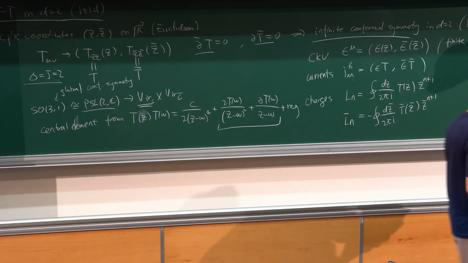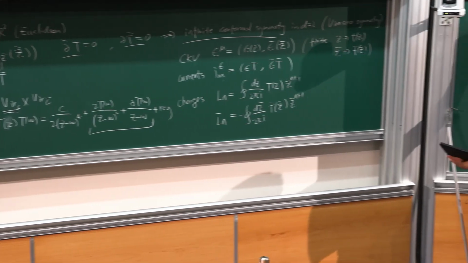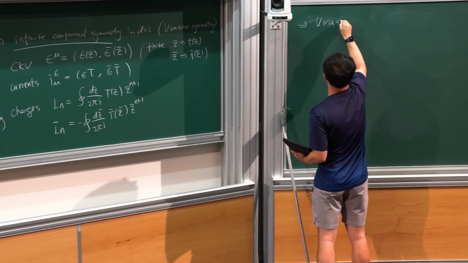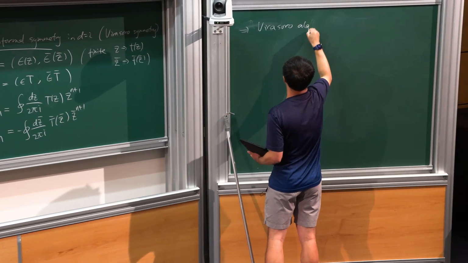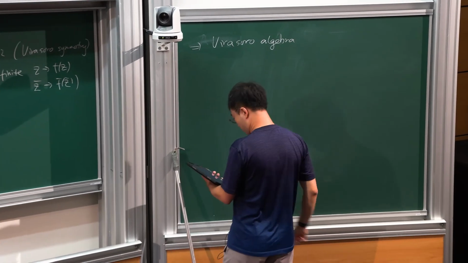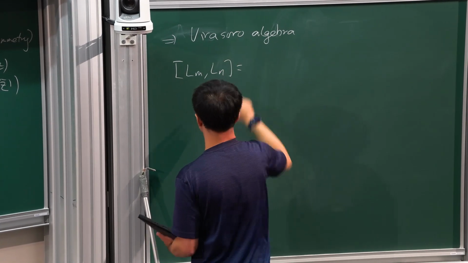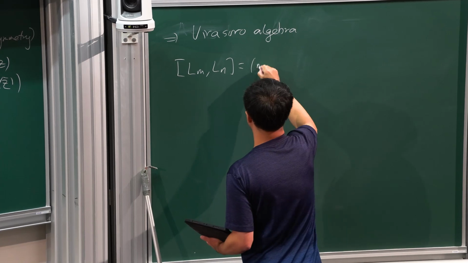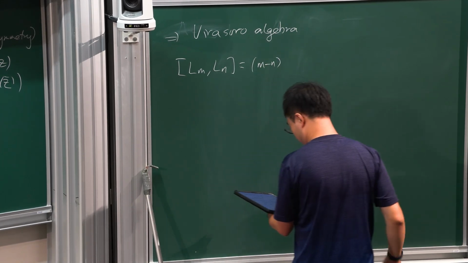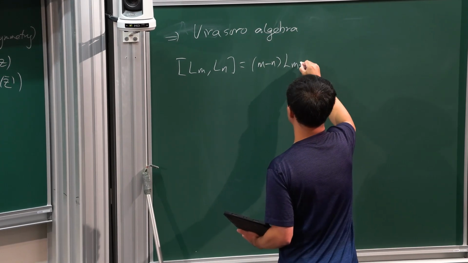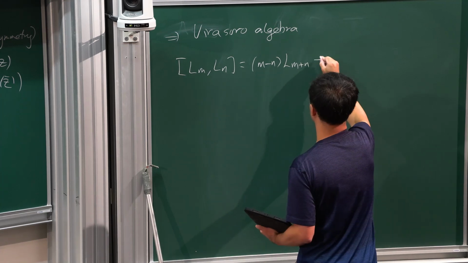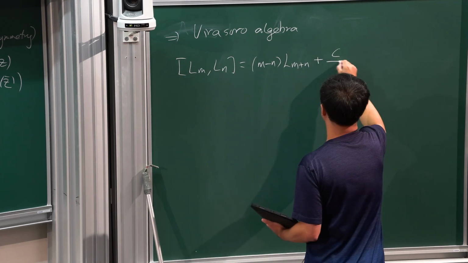So I'll just write it on the right-hand side. This is the expression you will need to study unitarity constraints on two-dimensional CFT, so for that reason, I'll write it down.